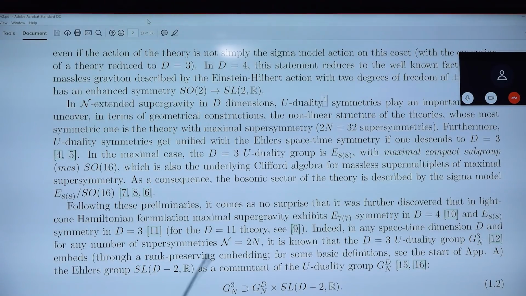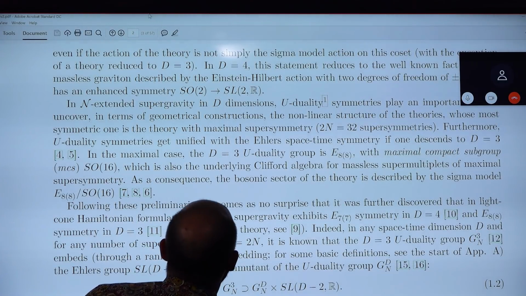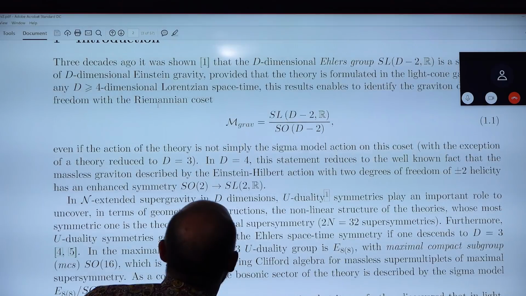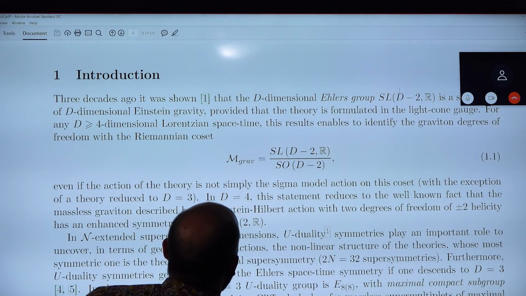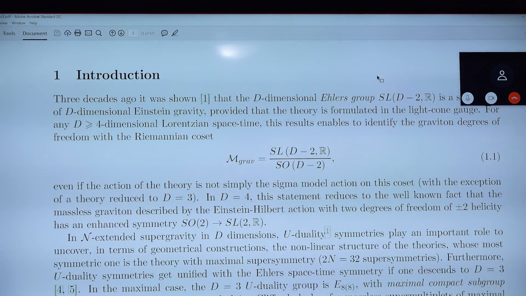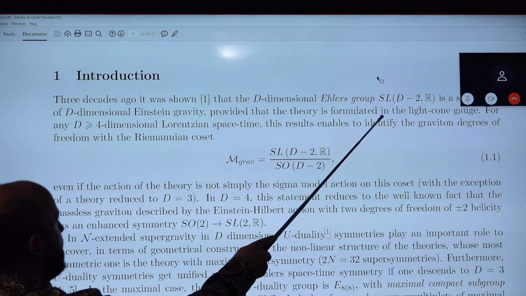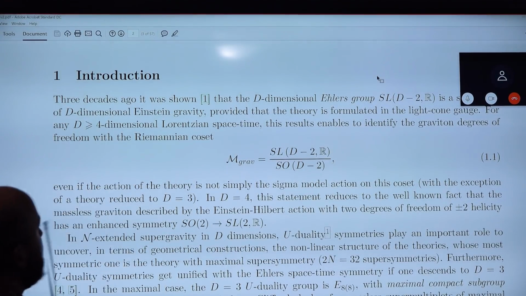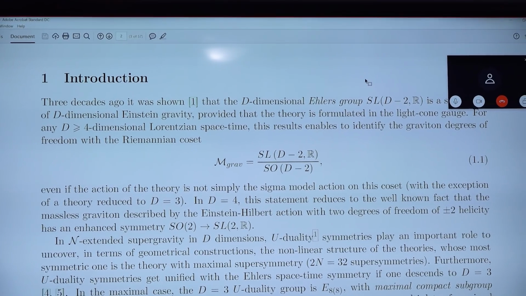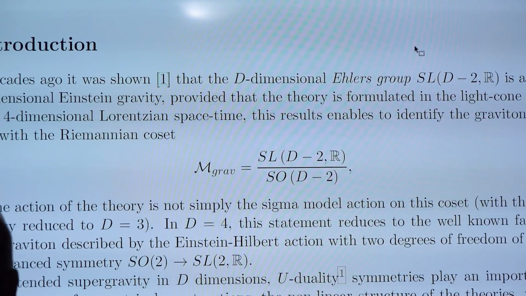Essentially, the observation that was made a long time ago by Ehlers is that gravity in d dimensions enjoys an enhanced symmetry, which is SL(d-2,R). This is a split form, a non-compact real form of SU(d-2).